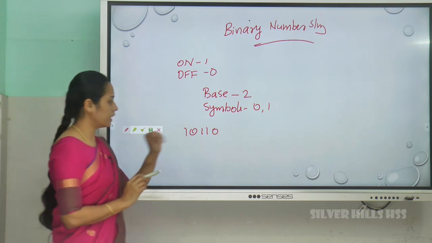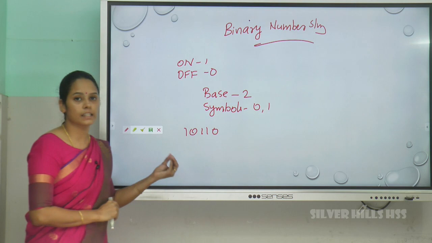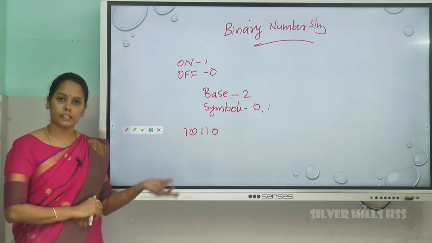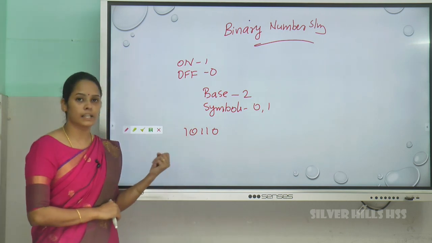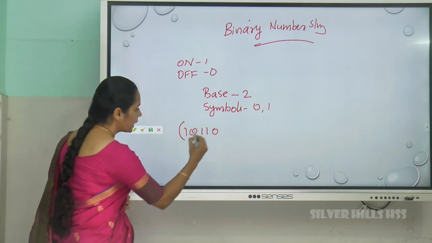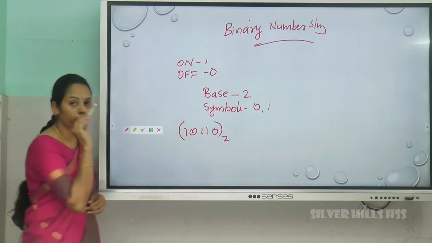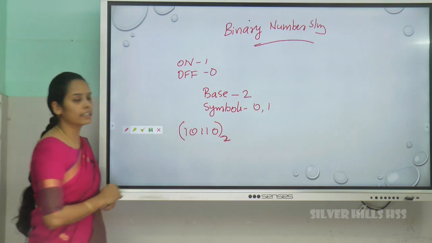Suppose you have a binary number like this, and how can you identify that this is a binary number? We can write the same number in decimal also, right? In decimal we can use the symbols zeros and ones. Then how can you identify this is a binary number? To identify that, put a bracket, and as a subscript of this bracket you can write the number 2.